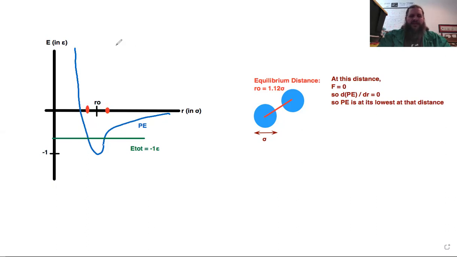And what would you expect kinetic energy to look like in between those points? Between these points, what would you expect the kinetic energy graph to look like?